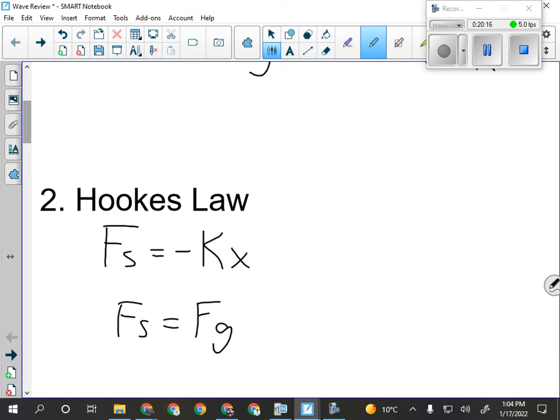It's not moving, it's just hanging there. So the net force is 0. That means gravity's pulling down, spring force is pulling up, and the net force is 0. So you could have a question like that that says he hangs like a 500-gram mass from a spring. Calculate X or calculate K, as long as they give you the other one. Everybody with me there?